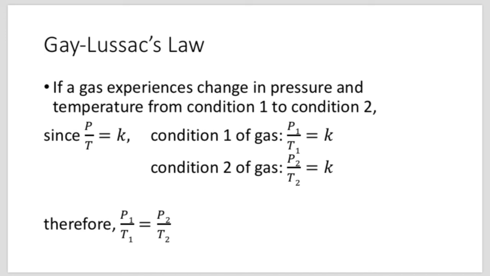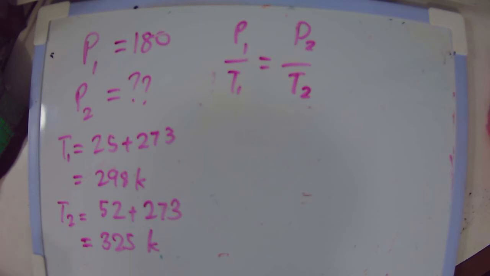Okay, go back to the formula that we were just looking at. So P1 over T1 equals P2 over T2. And once you have all the information, same idea, just put all the information in.